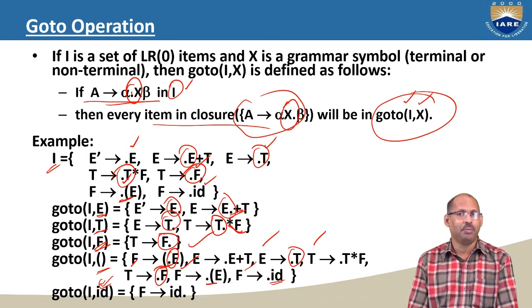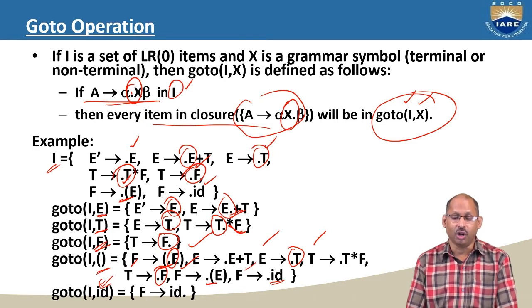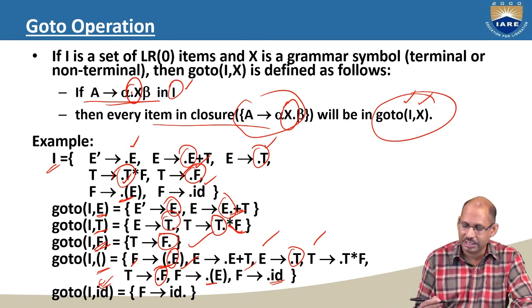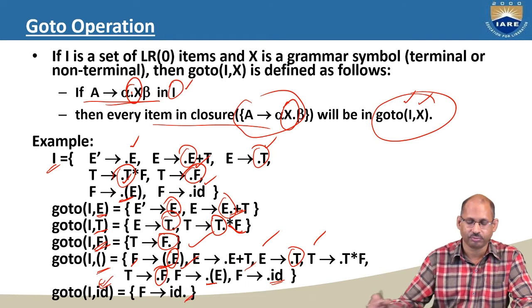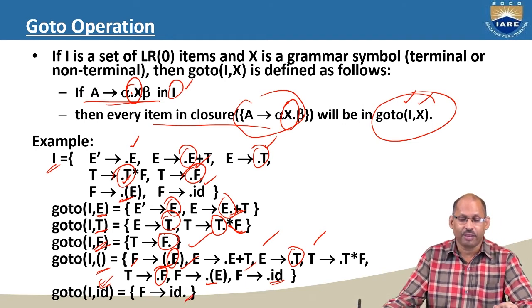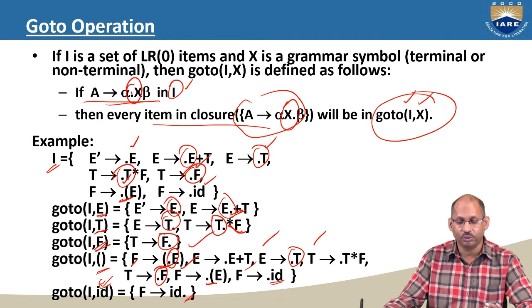Goto(I, id), which results in F gives id dot. Simply, dot id will come as id dot. This is for the I group, a single group resulting in these five options.